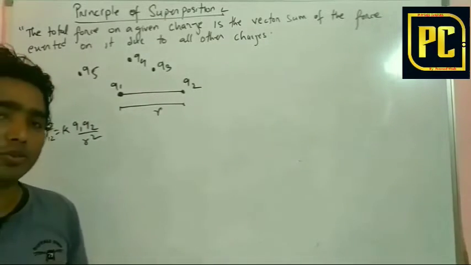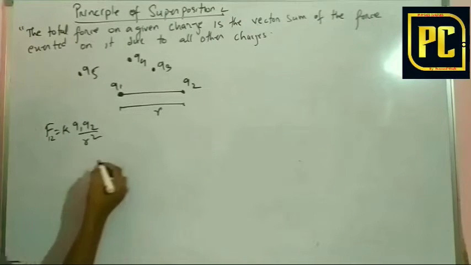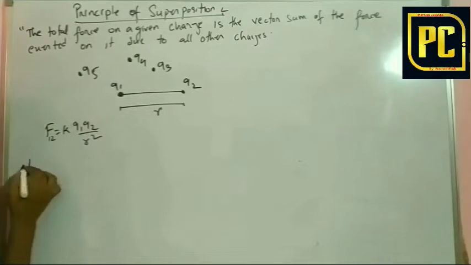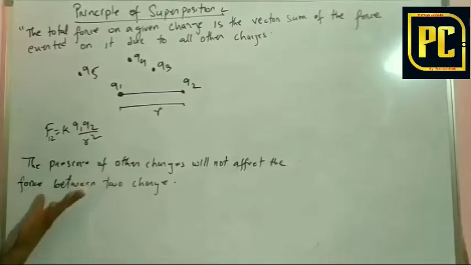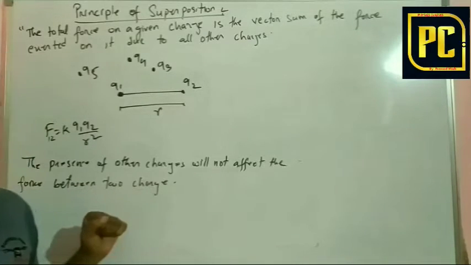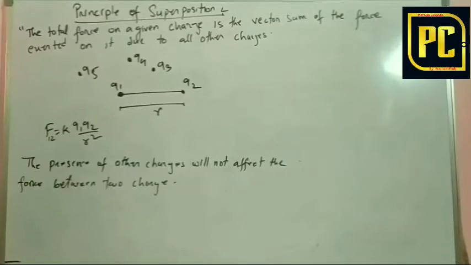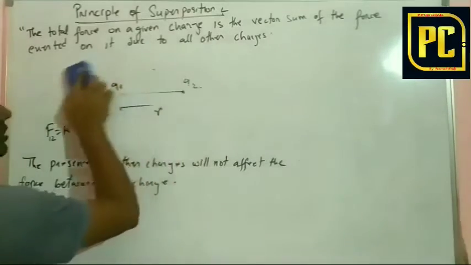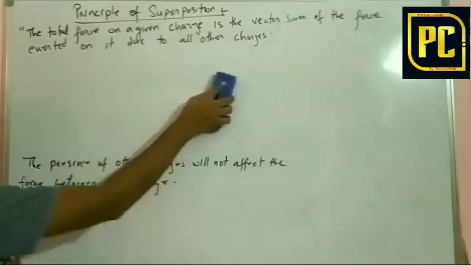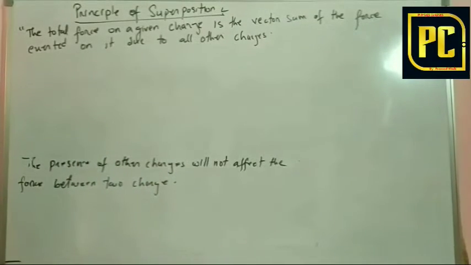The answer is no. So the principle of superposition is based on this property: the presence of a third charge or any other charge will not affect the force between the two charges.